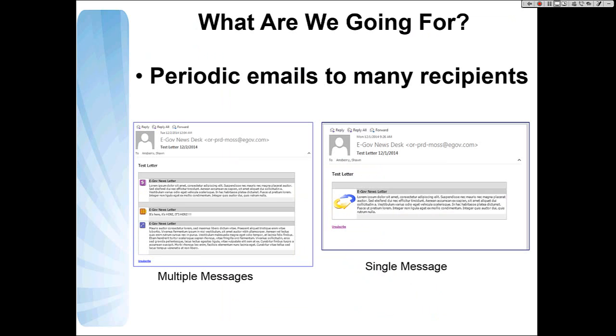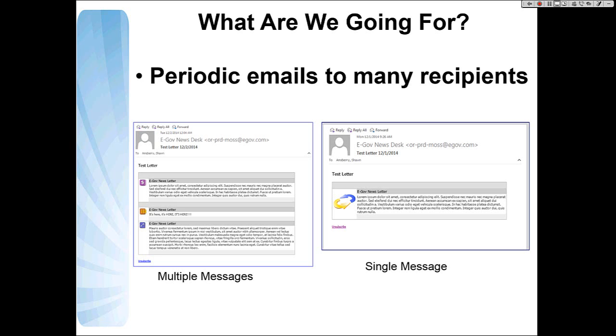The first goal of this is to have periodic emails sent to many recipients, and those emails are generated by the InfoWise newsletter setting and based on changes made to the E-Letter list. These terms that I use, like the E-Letter list, those are the default terms, and they can be changed.